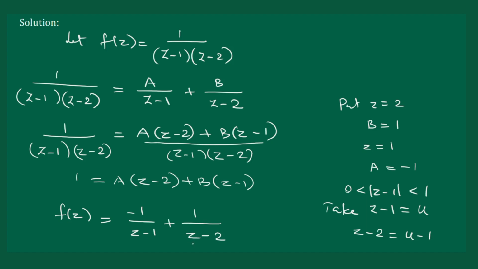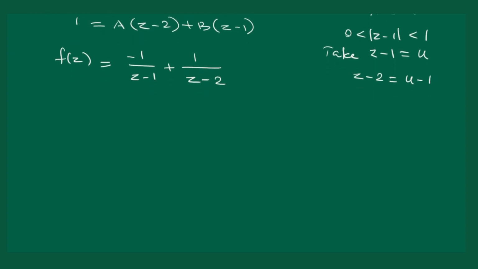So in place of z minus 1 and z minus 2, we replace it as u and u minus 1. So this is equal to minus 1 by u plus 1 by u minus 1. We can also write it like this: minus 1 by u, minus 1 by 1 minus u.